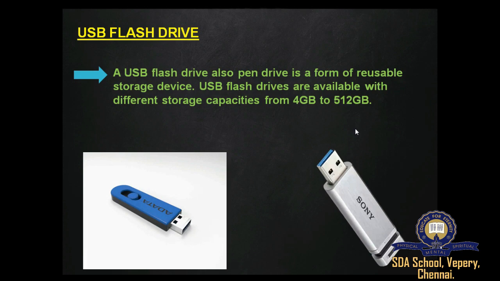USB flash drives are available with different storage capacities from 4 GB to 500 GB. Unlike RAM, a thumb drive is rewritable and holds the data in memory without power supply. It fits into any USB port of a computer.